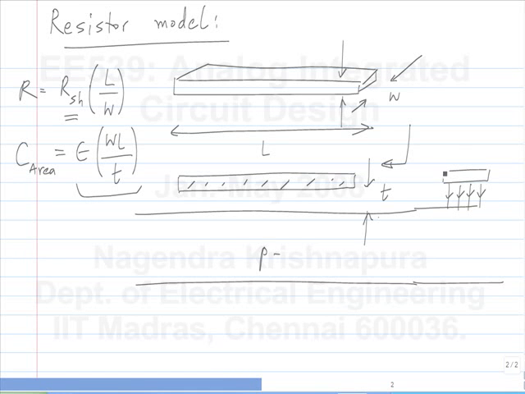But that's not the only thing, and as I said, this height is not negligible. In fact, you will have capacitance from the sides to the substrate. In fact, let me not call this C area, I will call it something else, maybe C1. And what is C2 dependent on?